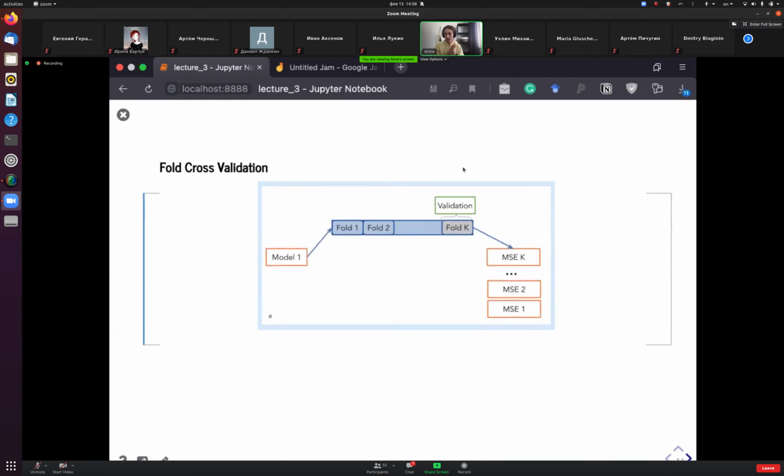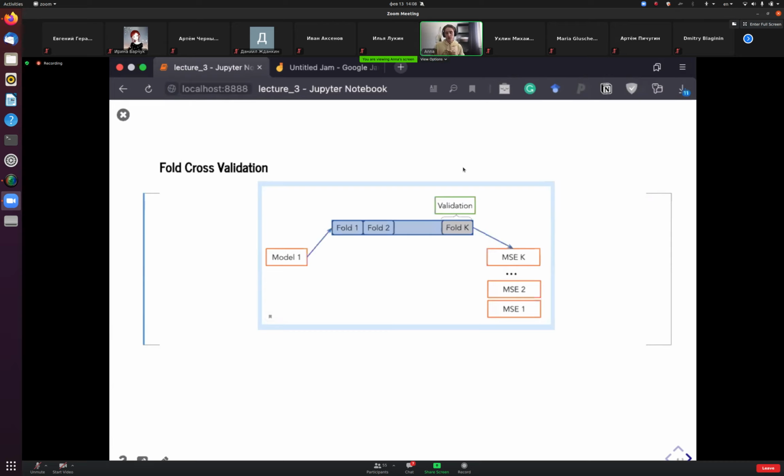We do the same thing for fold number 3, fold number 4, and so on, and for fold number K. And again, for fold number K, we train on the first K-1 folds, and then we compute the error on the last one. So as a result, for one model, we obtain K numbers.